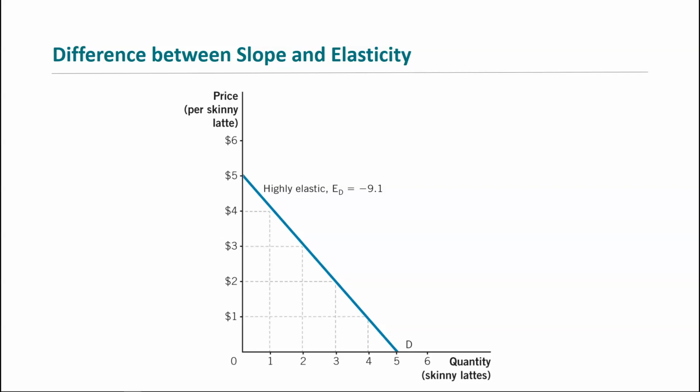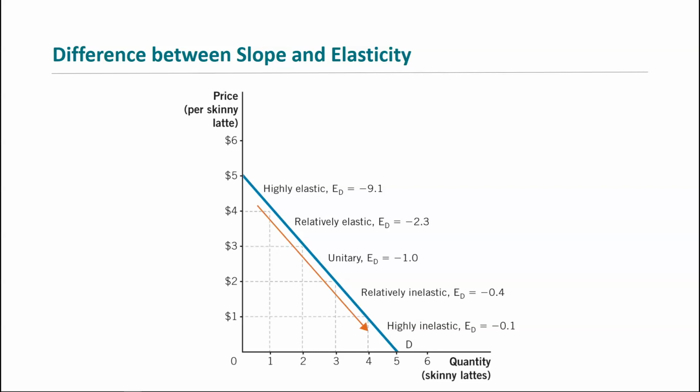If you keep moving, what if we go from $4 to $3 and from 1 latte to 2 lattes? If you did the same calculation, you'd find an elasticity of negative 2.3. Keep going, somewhere in the middle you would find the unitary elastic point where elasticity is negative 1, and then we become relatively inelastic as we move down the curve.